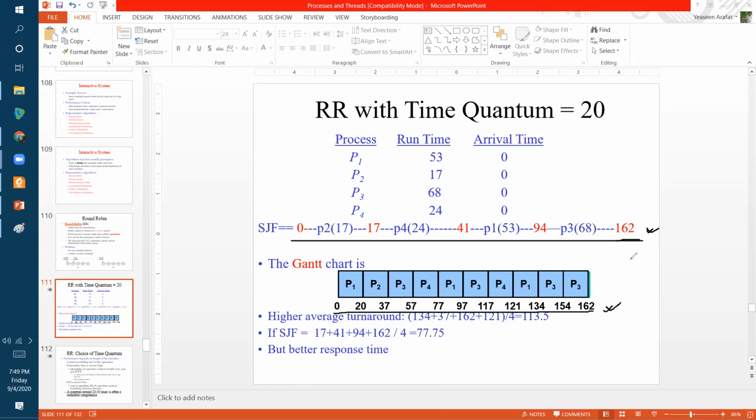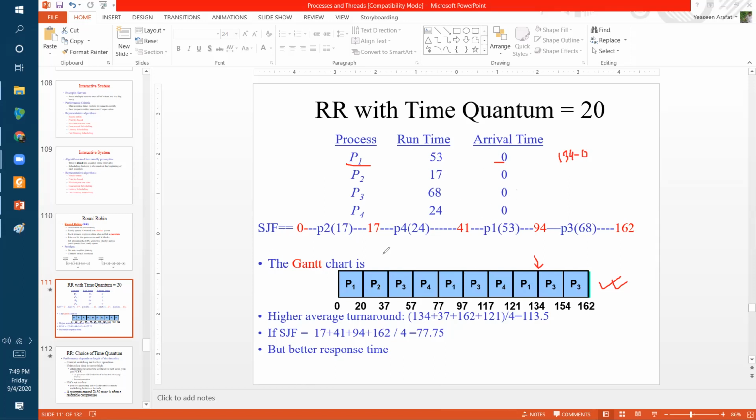Now for round robin we have to find the turnaround time. For P1, it ends at 134, and P1's arrival time is 0. So 134 minus 0 is the turnaround time for process P1.